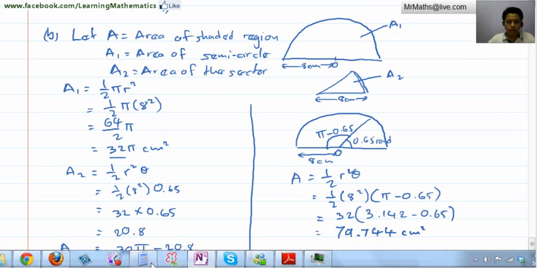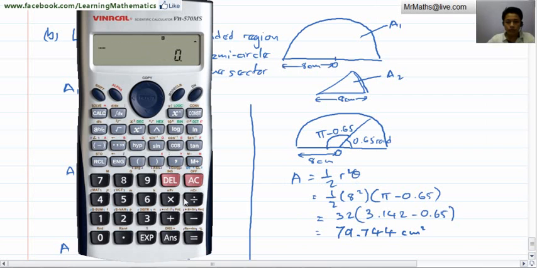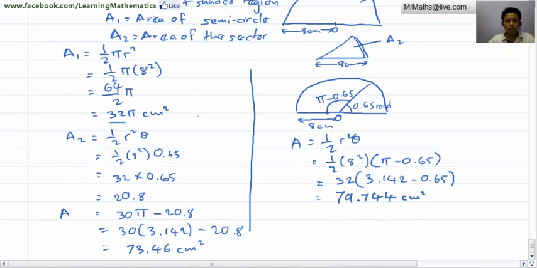Let's do that again, shall we? 3.142 minus 0.65, and then times 8 squared, then divide by 2. 79.744 is still the same. So perhaps my first answer is wrong.